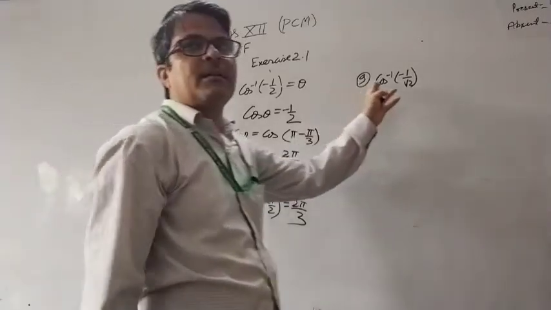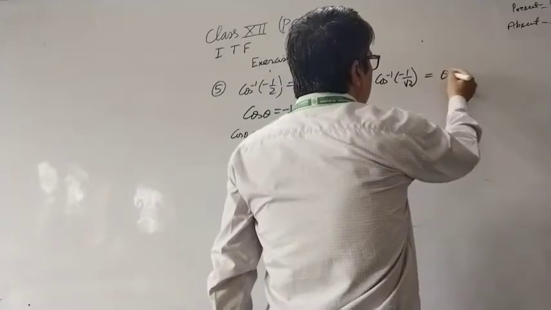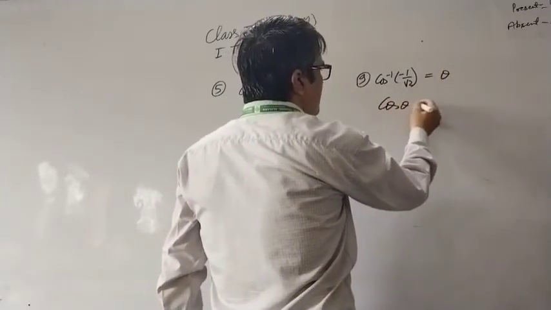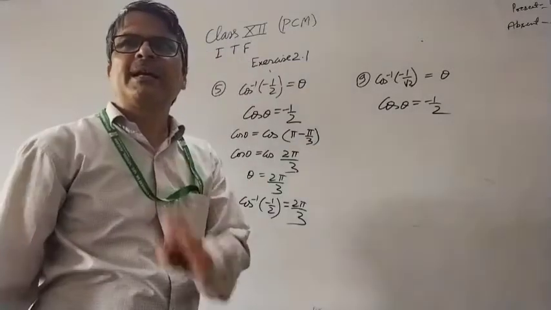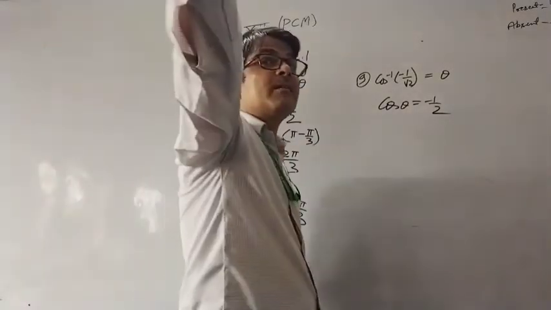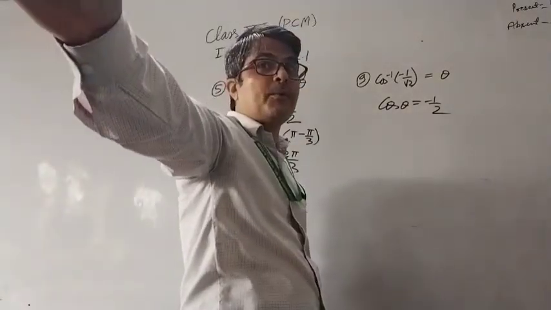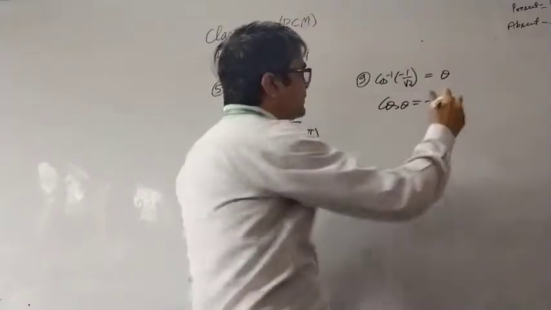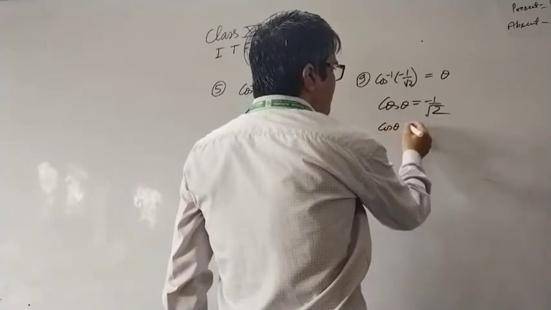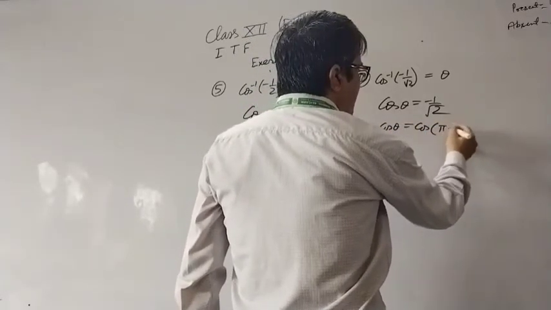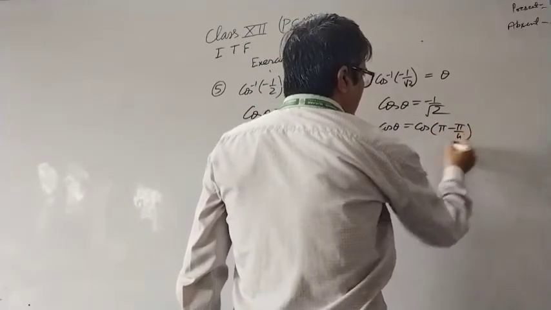Similarly, you will come here, theta, cos theta is equal to minus 1 by root 2. For which value of angle? Pi by 4. Pi by 4. So cos theta is equal to cos pi minus pi by 4.